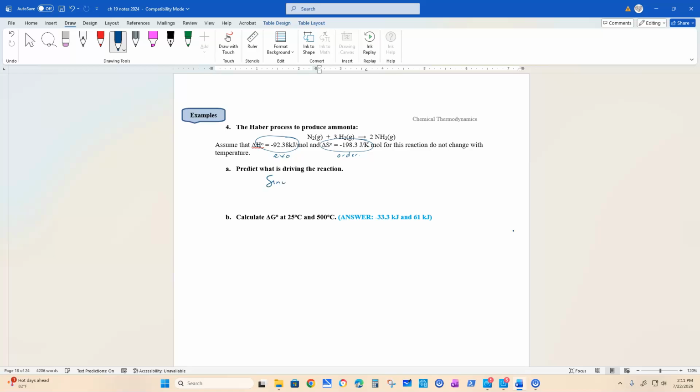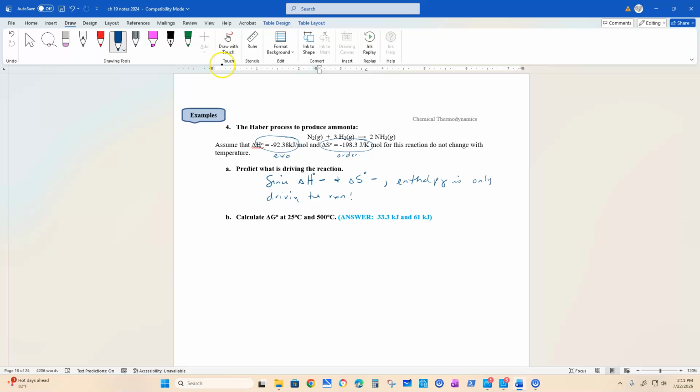Well, since my H is negative, and delta S, with the little degree sign, is negative, enthalpy is only driving the reaction, okay?